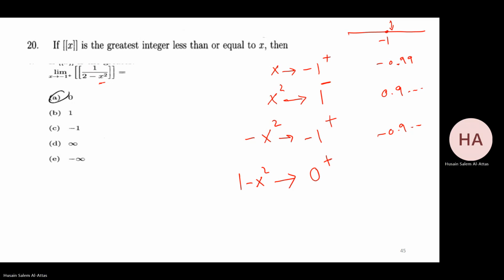Add 2. He means 2, not 1. I'm adding 2, not 1. That will be 1 from the right. It will be 1 point something. If you add 2 to it, it's 1.0 something.